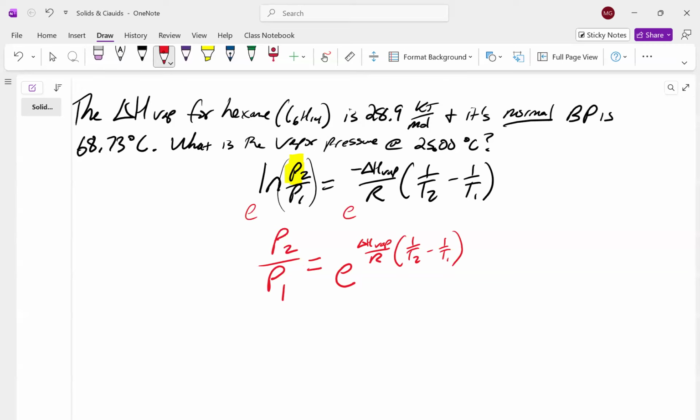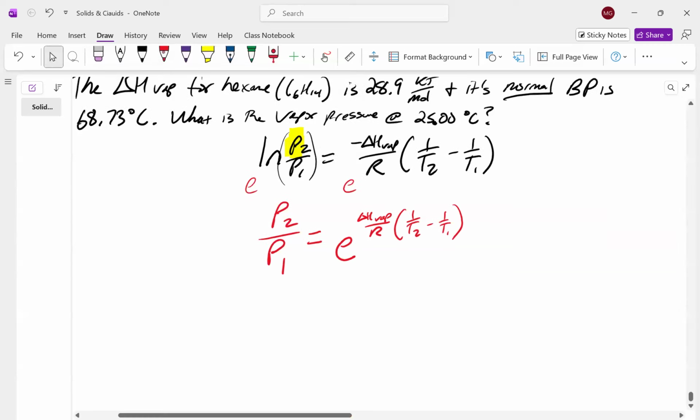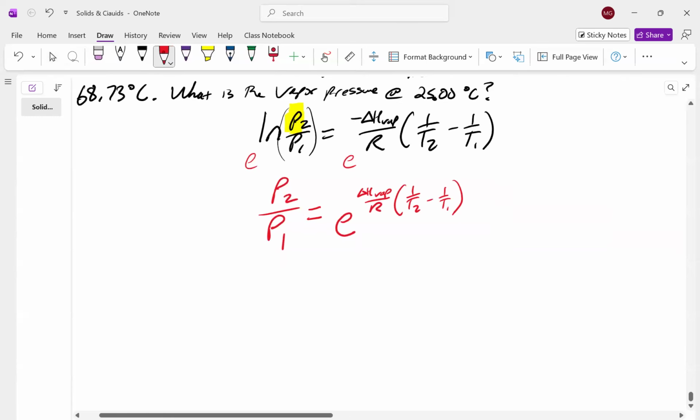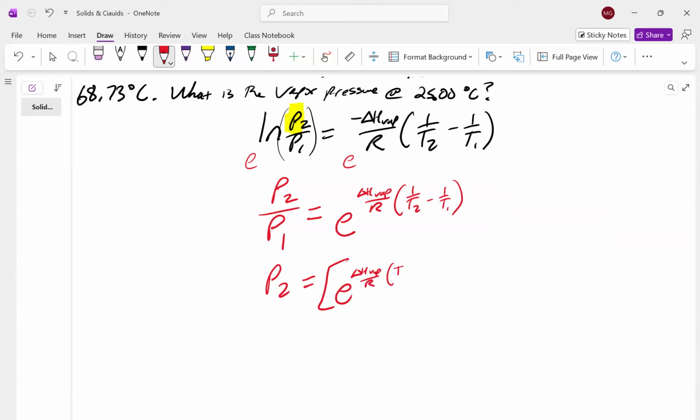And then I'm going to get P2 by itself because that's what I want to solve for. So I'll multiply both sides by P1. All right, so there's my equation.